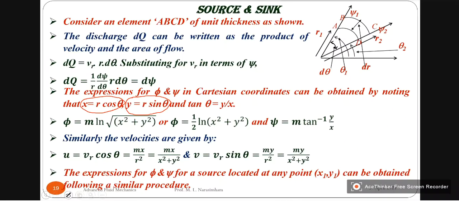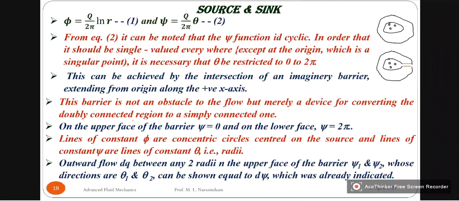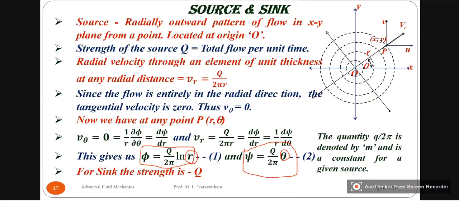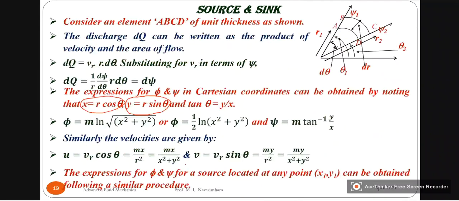If you find the square root of x square plus y square, it will be r. So r is the square root of x square plus y square. In our expression for phi, phi is equal to q by 2 pi log r. So simply replace r by the square root of x square plus y square. Similarly, replace theta by tan inverse y by x.